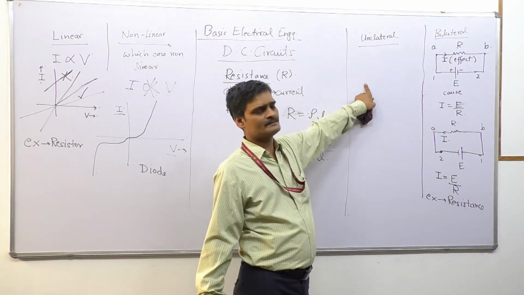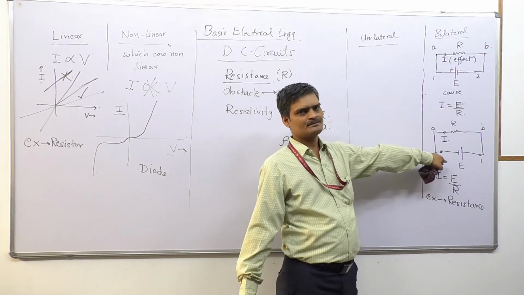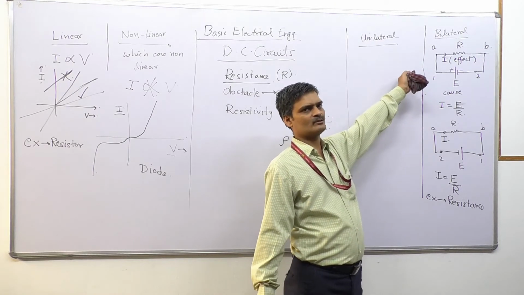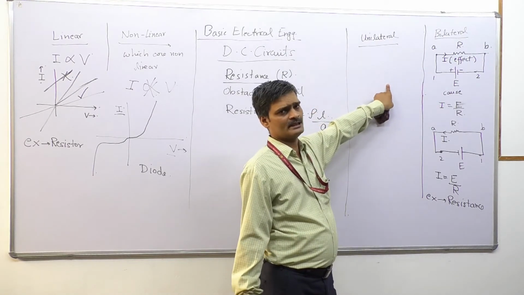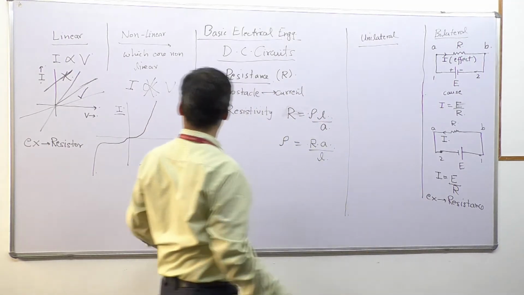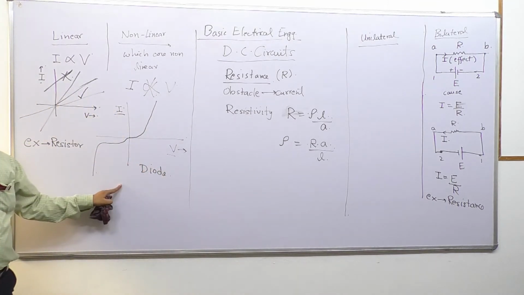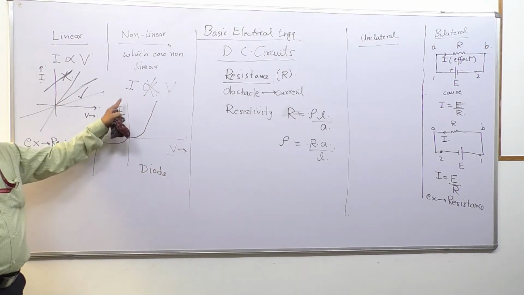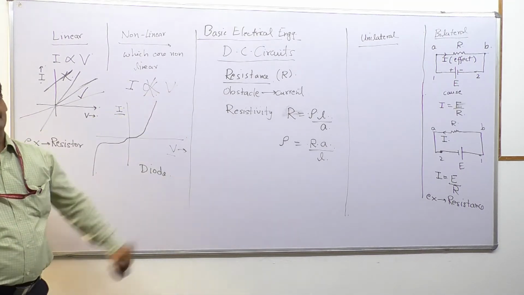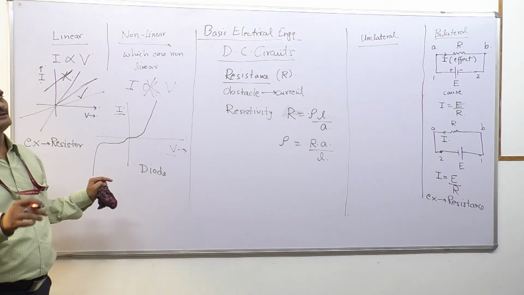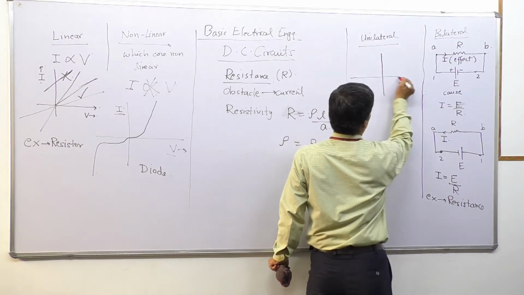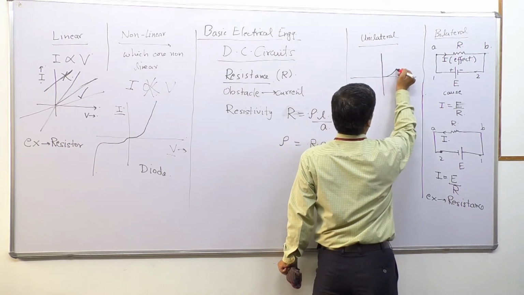Now for unilateral elements, if on reversing the direction of cause the magnitude of effect changes, then such an element is said to be a unilateral element. For example, in the case of a diode, as we have drawn these characteristics, suppose a diode were a bilateral element, with a forward biased characteristic of this kind.